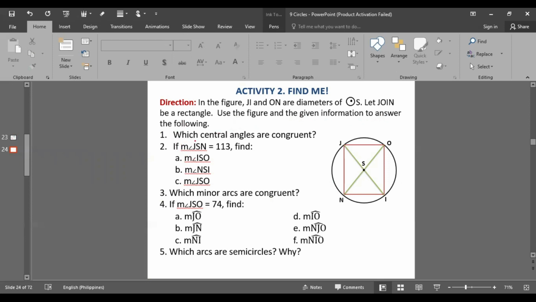Number 1, which central angles are congruent? So we all know that the vertex of a central angle is at the center of the circle.